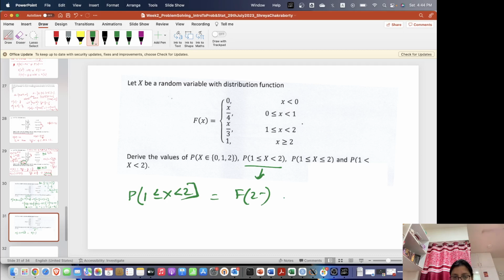F2 minus f1 minus. So f2 minus will be, substituting the value of 2 here, 2 by 3, minus f1 minus will be 1 by 4. So this will be 12, 8 minus 3. This will also be 5 by 12.